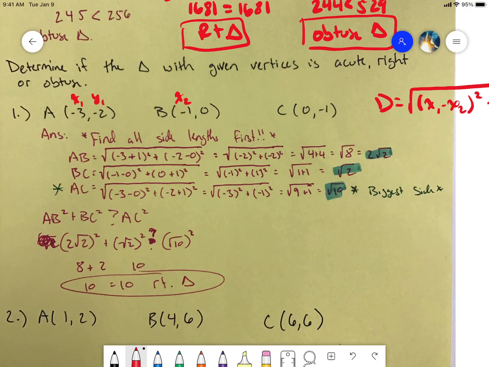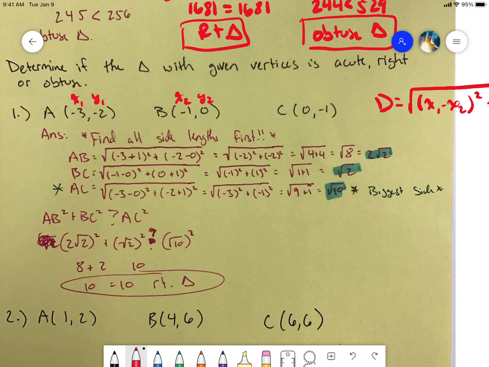I made this one y1 and this one y2, okay? And so I plugged them into the distance formula, and I found that it was equal to the square root of 8, or 2 rad 2, okay? I did the same thing for BC, and I get that that's the square root of 2, which can't be simplified. And then I did the same thing for AC, which is the square root of 10.